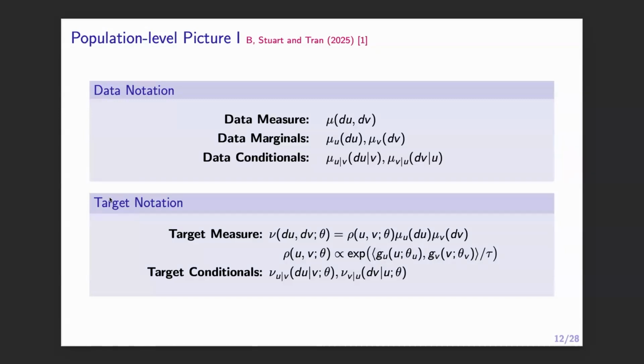What this tilting does is essentially define a way of correlating or relating these two variables, u and v. Given this target measure nu, I can compute conditionals of image given text and text given image, and I'll similarly denote that using these subscripts of u given v and v given u.